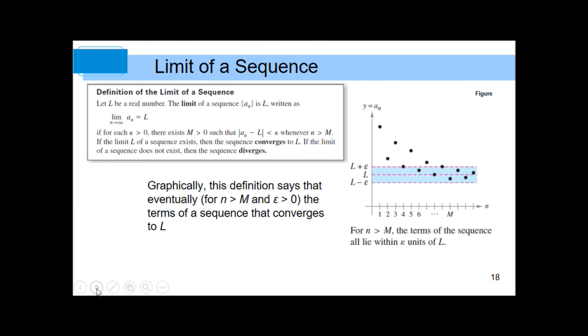So terms will lie within the band between y equals L plus epsilon and y equals L minus epsilon. This is very similar to the definition of a limit that we had for functions in Calculus 1. It's all about getting closer and closer to a particular value.